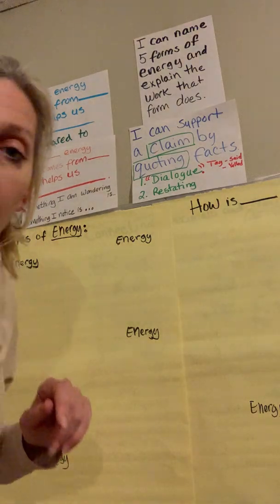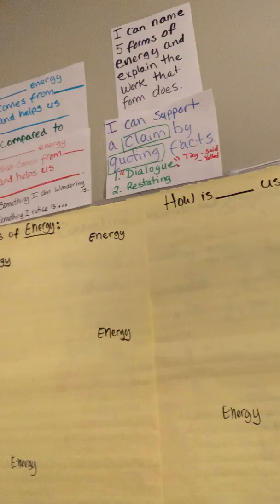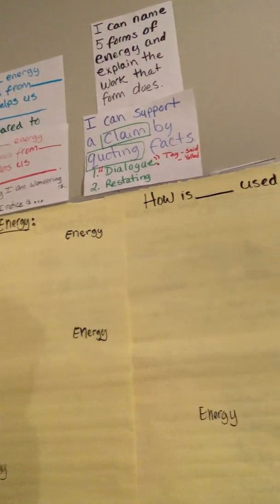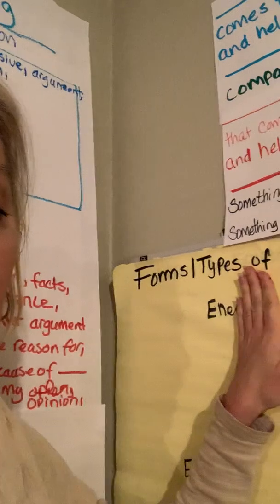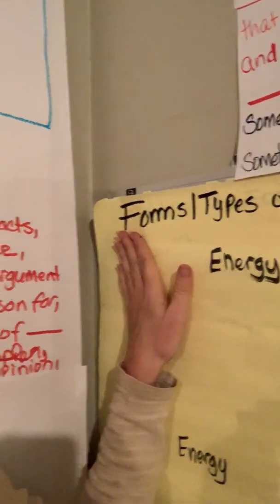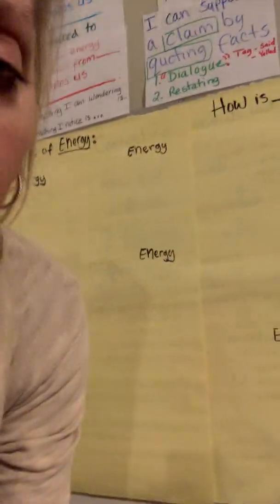So I'm now going to be a teacher, and you guys are the students, so to speak. Hi guys, today we are learning about the forms and types of energy. Say with me, forms and types of energy. Read with me, forms and types of energy. Thank you.